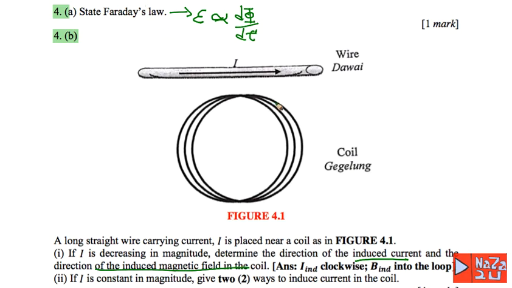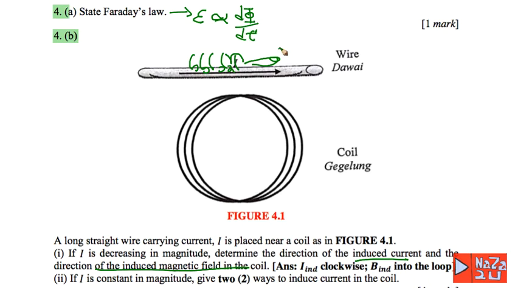Okay, so now the current flows in the wire. If you use the right hand grip, this is your thumb, and this is your fingers.